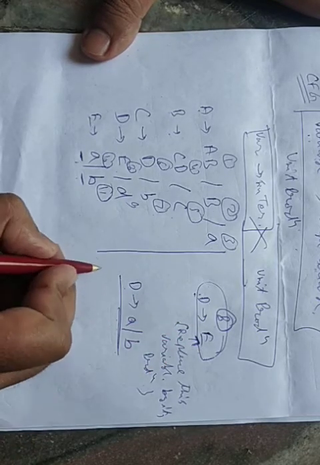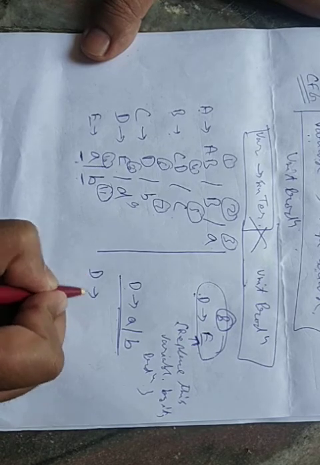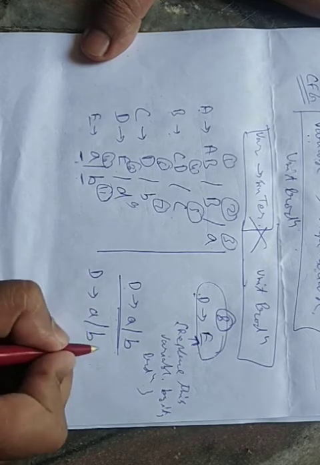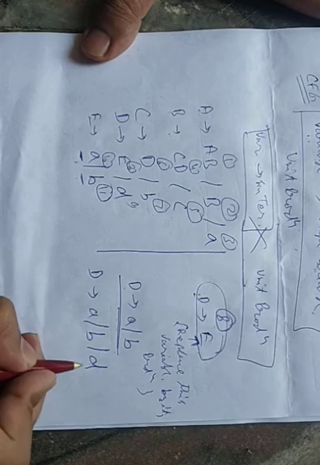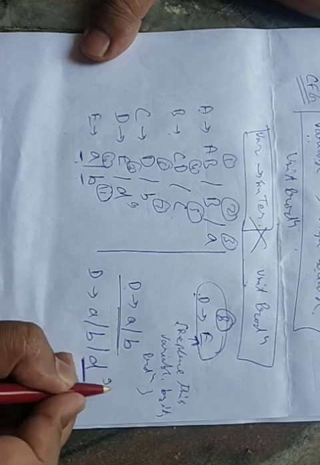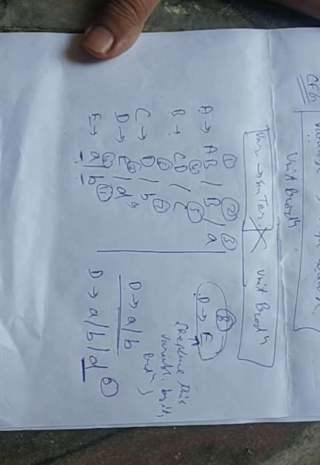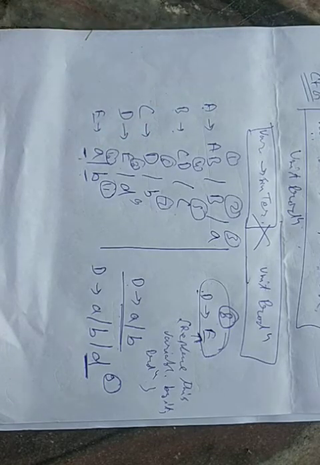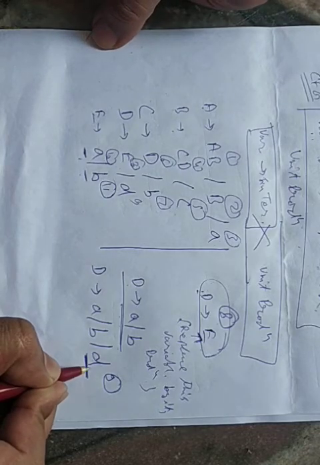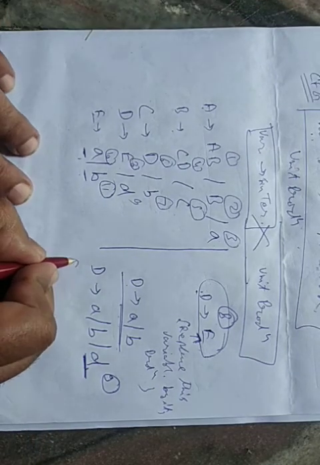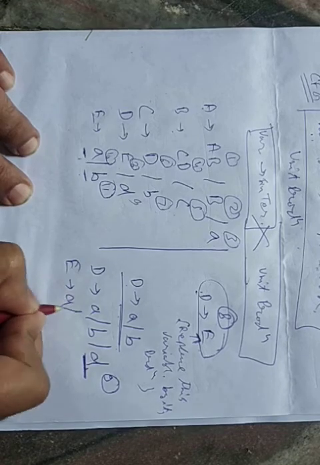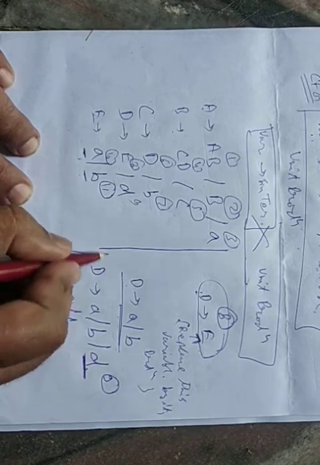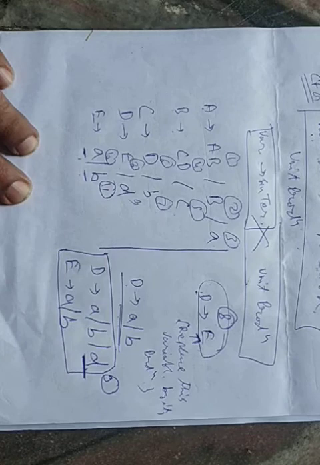So overall D becomes D produces A slash B slash d. This d comes from rule number 9. So rule number 8 gets replaced by A slash B, and 9 will be intact. Here I also have E produces A slash B. So these are the new ones.